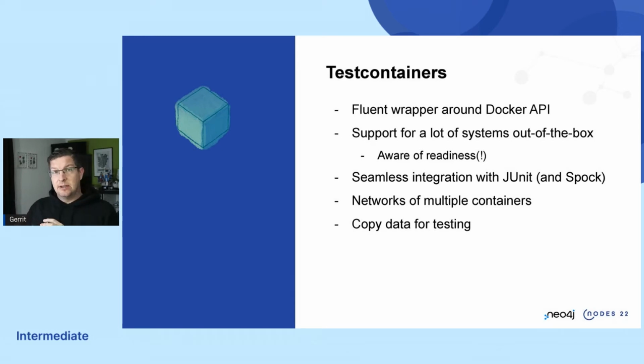That means that your network of systems needs to be ready before you can start your test suite. And it allows you to copy data easily. So you don't really have to mount, you can just copy data into the container to get, for example, an initial data set in there.